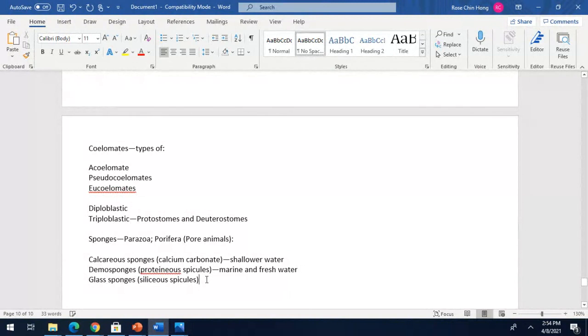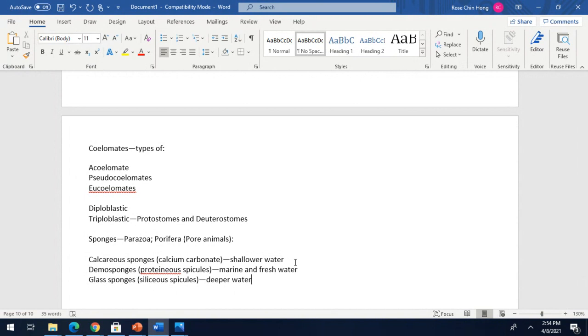And this one is in deeper depths of the ocean water. The reason the calcareous sponges cannot exist in deep waters is that they will dissolve. Same thing as when we talked about the other groups of protista, you remember forams. Forams are made of calcium carbonate, and they are the deposits which we see in the white cliffs of Dover.